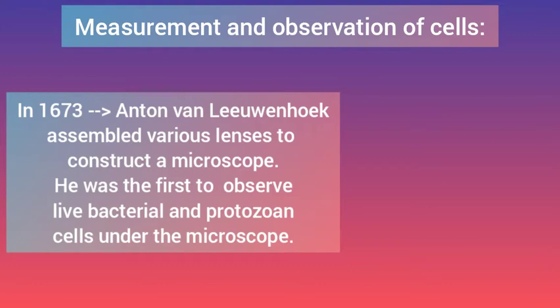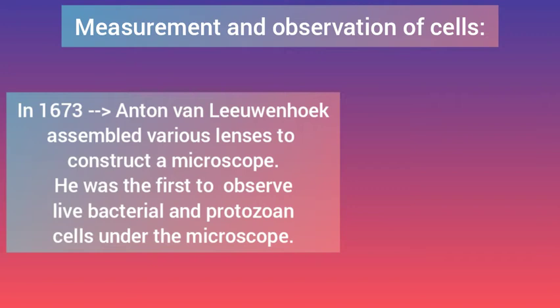A compound microscope has several parts like the eyepiece, or it is called the ocular, as you can see in the figure. Then the coarse focus knob and fine focus knob are there. The fine focus knob is for fine adjustment to clearly see the image. The base is what the microscope stands on. Then the illuminator is for adjusting the light rays to get focused on the cells.